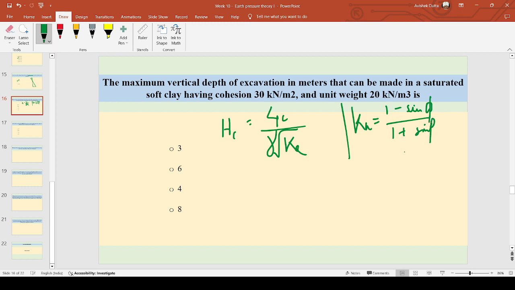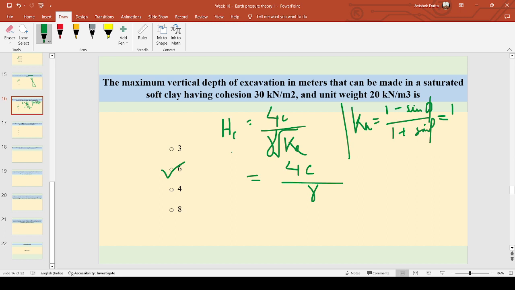Saturated soft clay I have mentioned, so phi is equal to 0, so this becomes equal to 1. So it will basically be 4 into c divided by gamma. 4 into 30 is 120. 120 divided by 20 gives us 6 meters. So up till 6 meter height, the excavation can sustain itself.